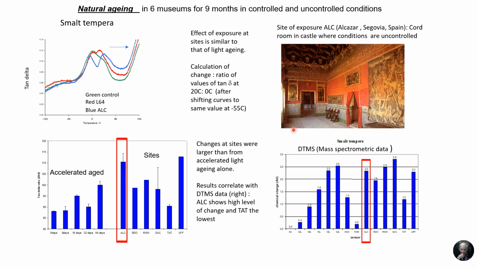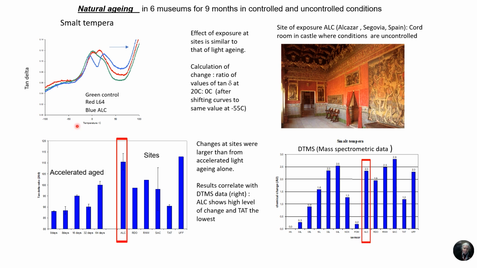And so how did we then go ahead with quantification of this data? So we calculated the ratio values of tan delta at 20 degrees and at 0, after shifting the curves to the same point at minus 55.